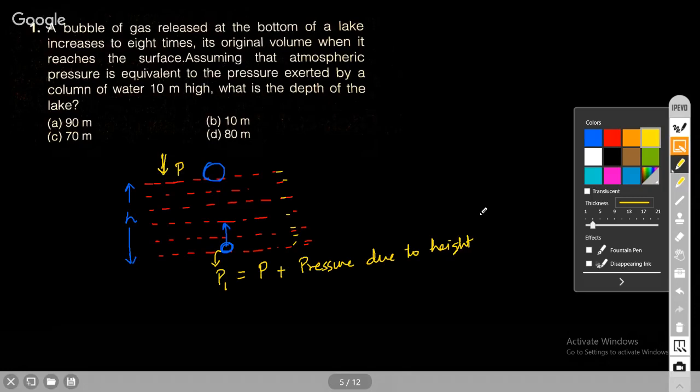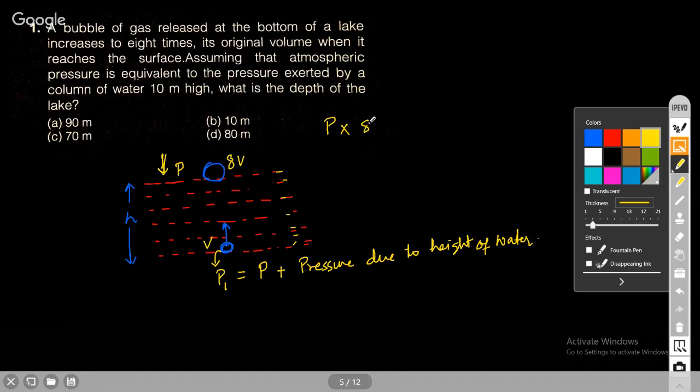So this pressure is due to the height of the water column, okay, or liquid, the water that we have, this height. Correct? So you see here, we can apply Boyle's law easily, correct? So here the pressure is P, and the volume if it is V, here it should be 8V.